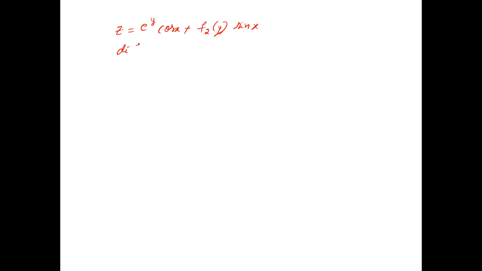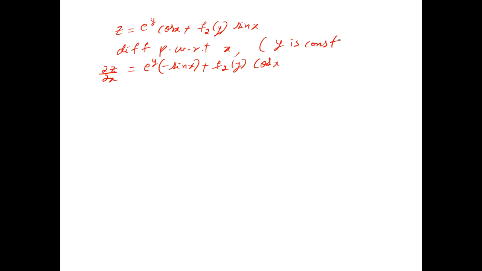Just differentiating this partially with respect to x, we get dou z upon dou x is equal to e raised to y. We have already done this, I am just repeating. Cos x differentiation is minus sin x, plus f2(y) is again constant so no change, and sin x differentiation is cos x. Here please remember y is constant. Is it clear?